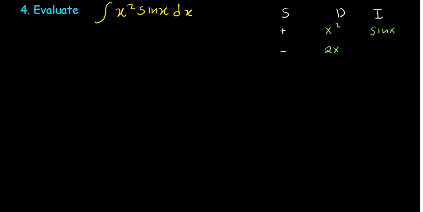If we integrate sine of x, as we saw from the table, sine, negative sine, cosine, negative cosine. As we go in this direction, we are integrating. So if we integrate sine, we're going to get negative cosine. So this will be negative cos x. Again, we're going to add another one. If we differentiate 2x, we're going to get a 2.